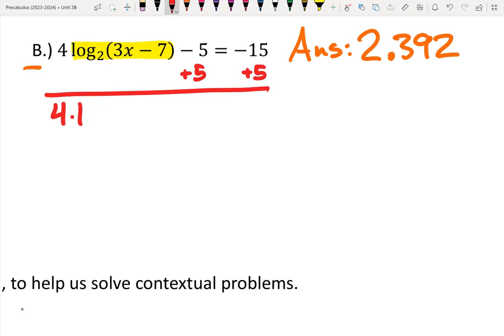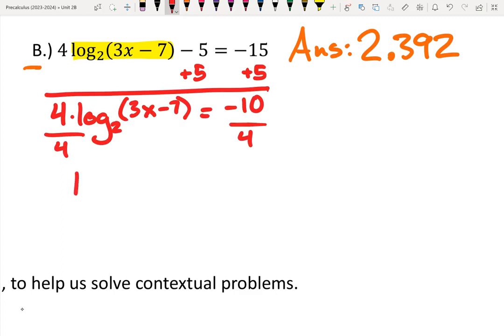So 4 times log base 2 of 3x minus 7 equals negative 10. And then after that, divide by 4. So we should have log base 2 of 3x minus 7 equals negative 10 fourths.